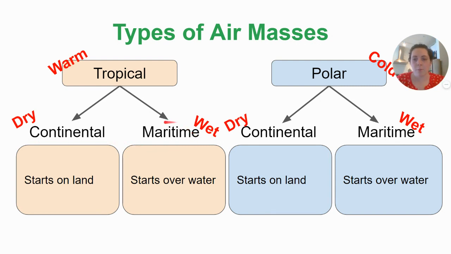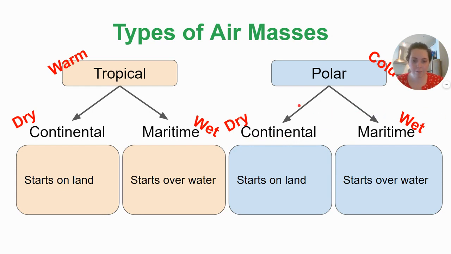Whereas if it's forming over water in your maritime, it's going to be very wet. You're getting a lot of transfer between that water and the air. The air is going to hold that water that's getting transferred from the ocean. Same thing over here then. Continental is going to be dry. Maritime is going to be wet.